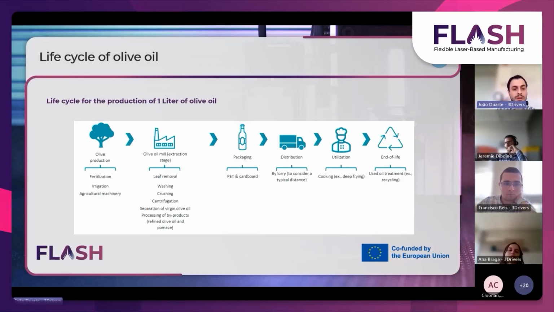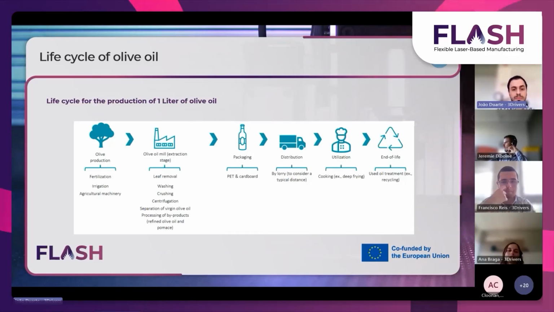Then we go to the extraction stage in order to produce the olive oil from the olives. Here you use various processes such as washing, brushing and centrifugation in order to separate the virgin olive oil. Then that olive oil needs to be packaged.